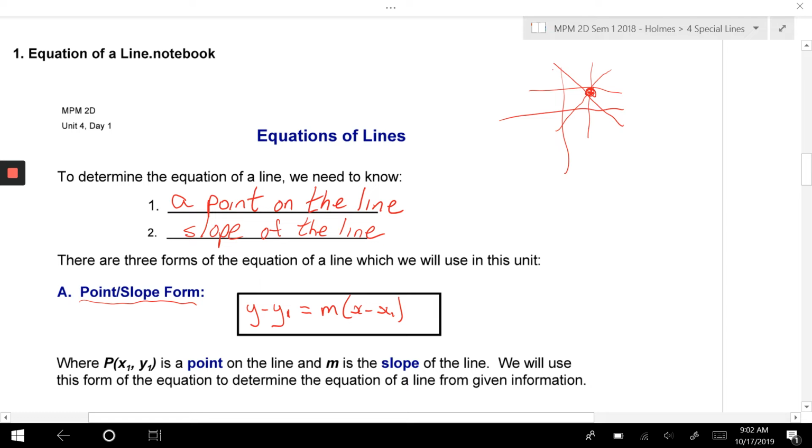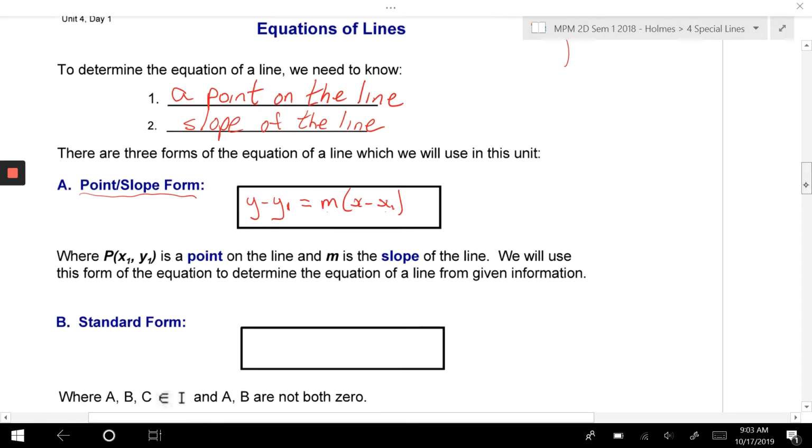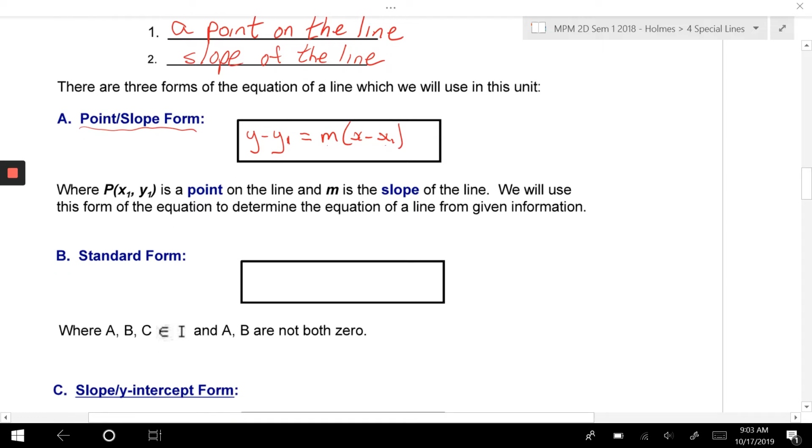So this is the equation we would use if we were given our slope and a point x1, y1. That x1, y1 needs to be a point on the line, and m is the slope of that line. Okay, so that's known as the point slope form.